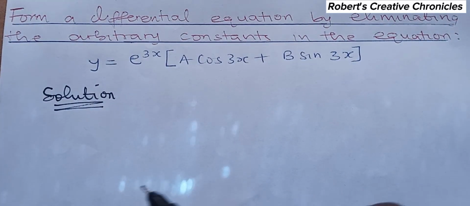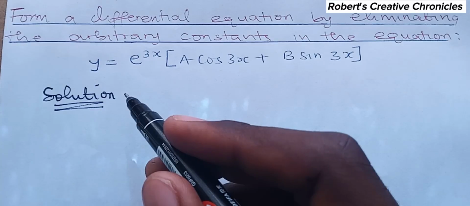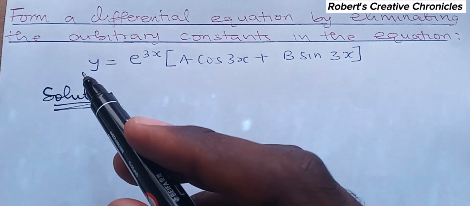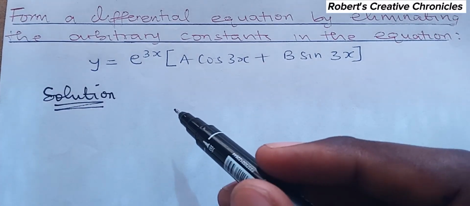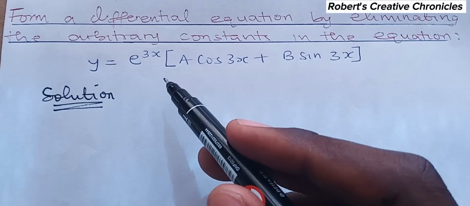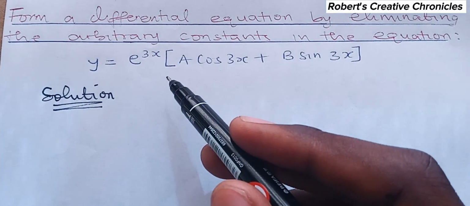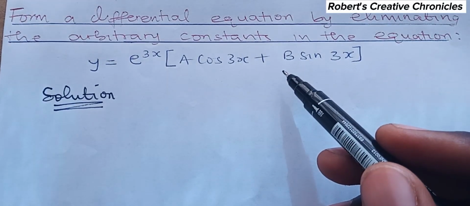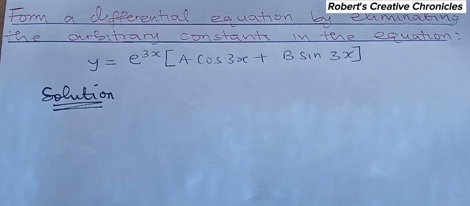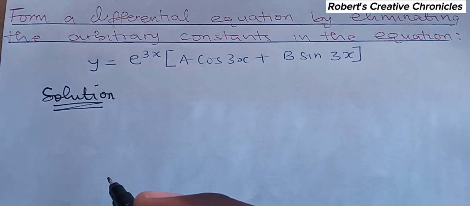Today, we are going to solve this question, which states: form a differential equation by eliminating the arbitrary constants in the equation y = e^(3x)(a cos 3x + b sin 3x). So now, solution.